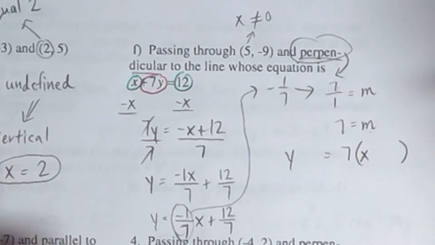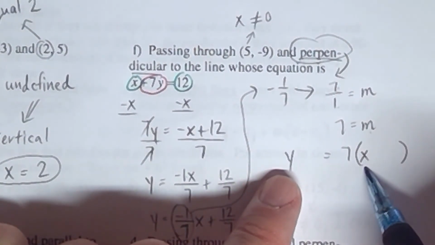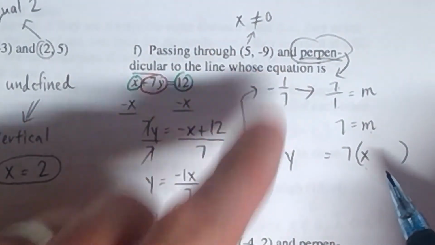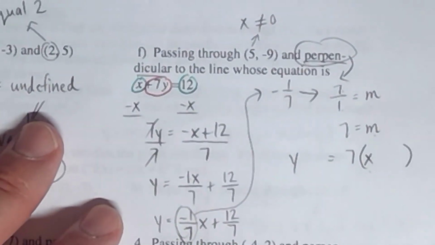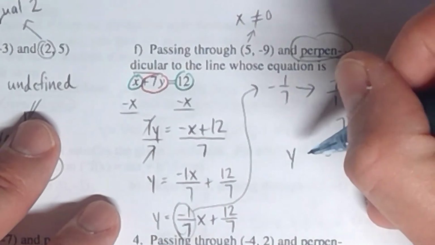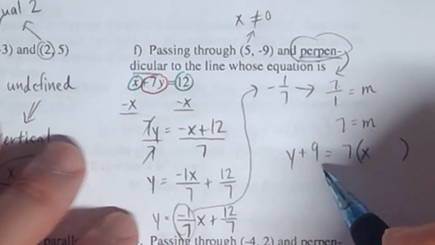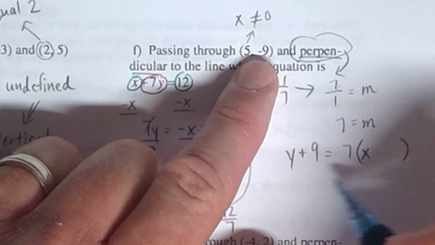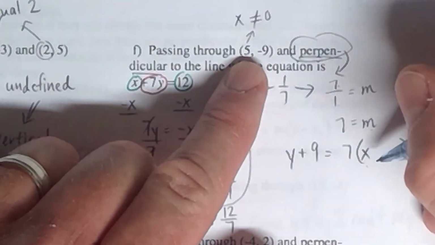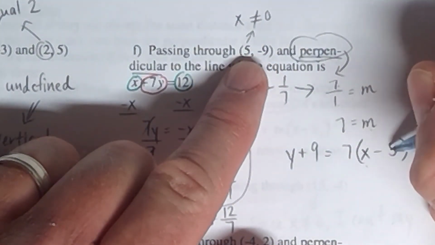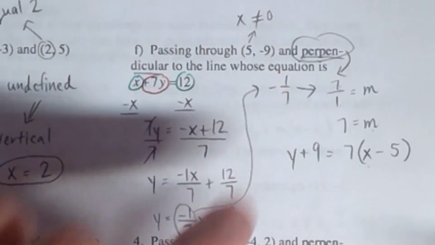You put the x and the y in these two spots right here. And then you put the 5 and the negative 9 into their appropriate spots. And so that's going to be y minus negative 9, same thing as y plus 9, right there. And then since 5 is positive, we're just going to say minus 5. It's not a double negative this time.